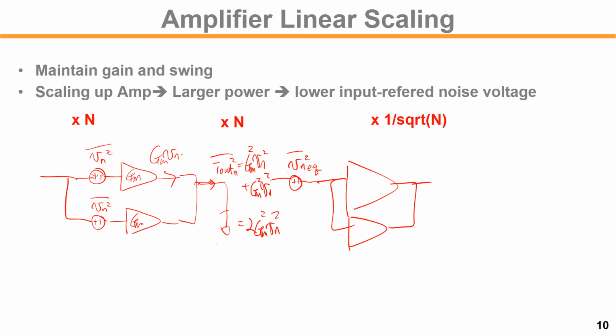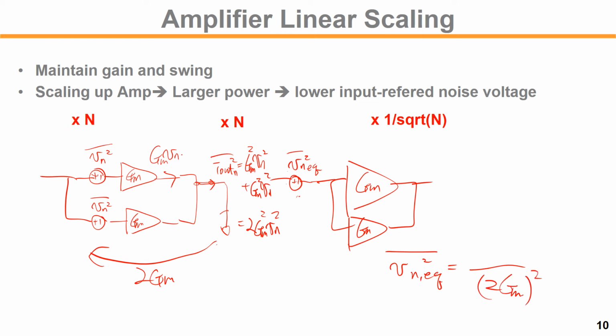So we have to refer to that input by equivalent GM. So GM is 2GM, right? So if you refer that, then what? So Vn equivalent scare is what? 2GM scare times the 2GM scare Vn scare.